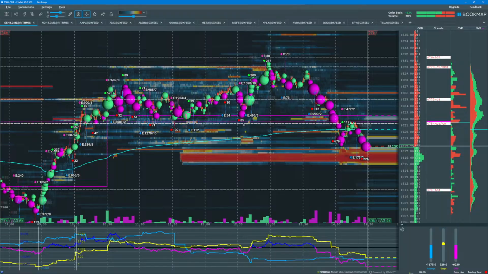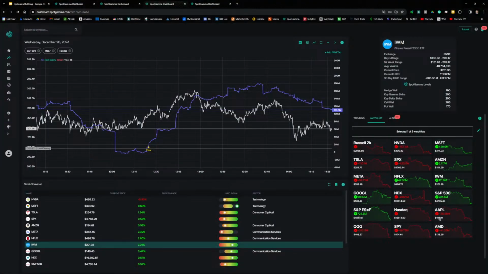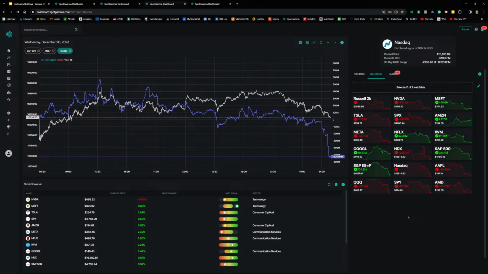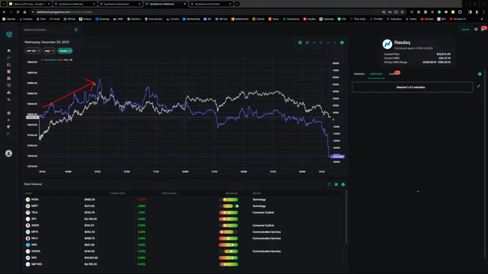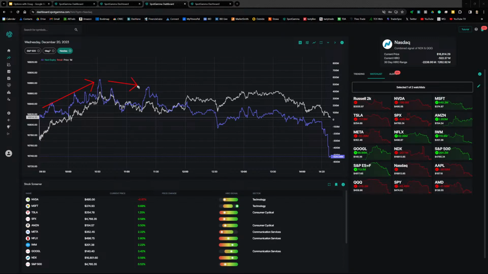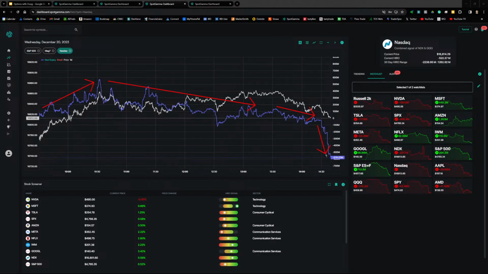Let's see what options traders are doing, first of all in NASDAQ. Bullish in the morning, and then starting to slowly grind lower, and now Hero Signal has reversed lower pretty sharply. Net negative notional value for the day.